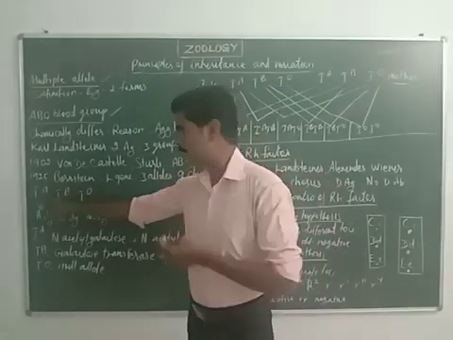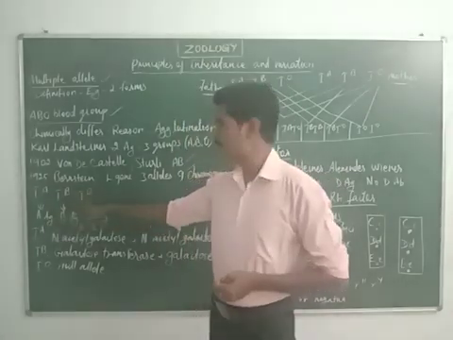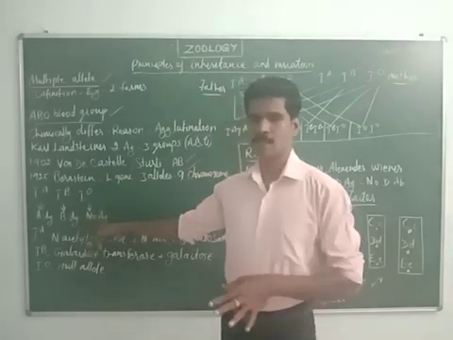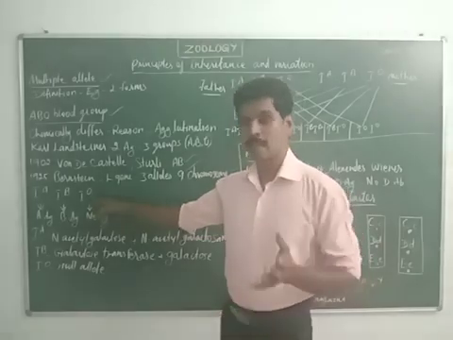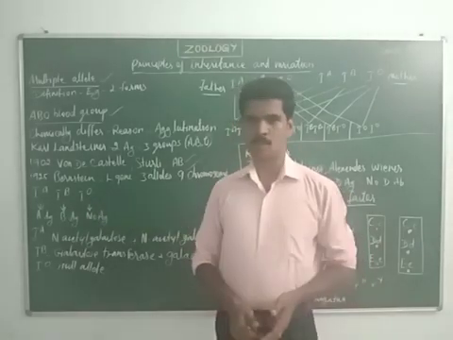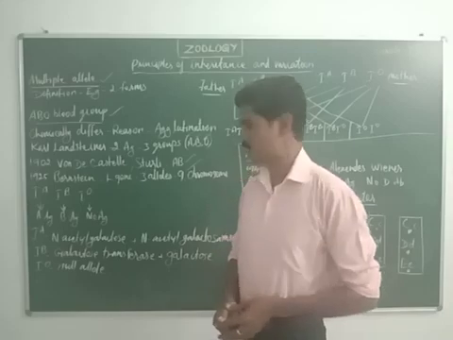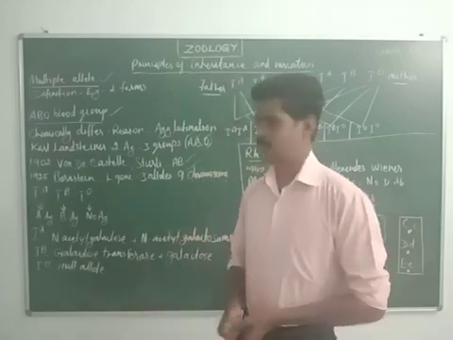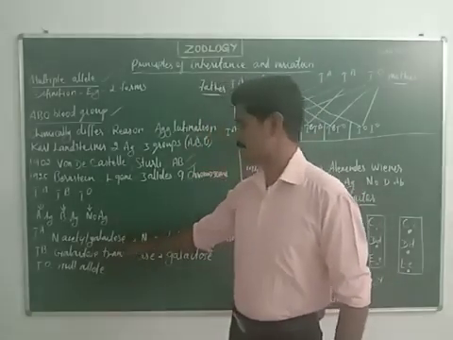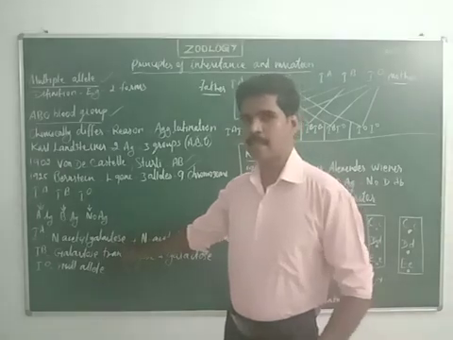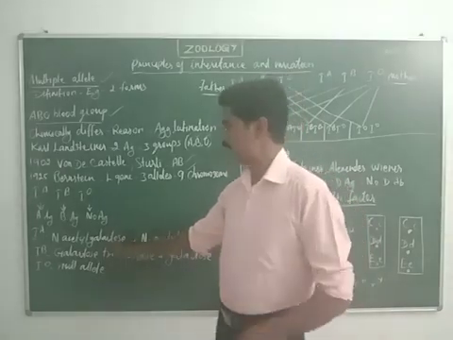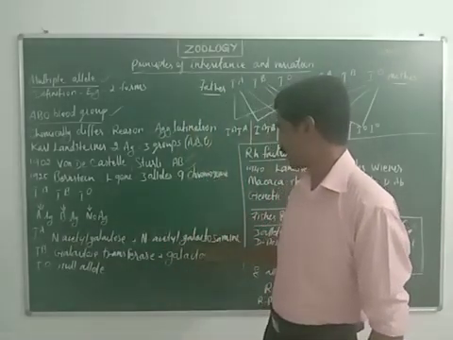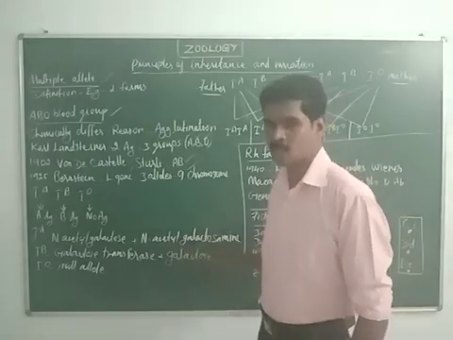The IA allele produces A antigen, the IB allele produces B antigen, and the IO allele does not produce any antigen, so the IO allele determines the O blood group. Then this IA allele produces one enzyme, called N-acetyl galactosamine transferase, and it adds N-acetyl galactosamine.